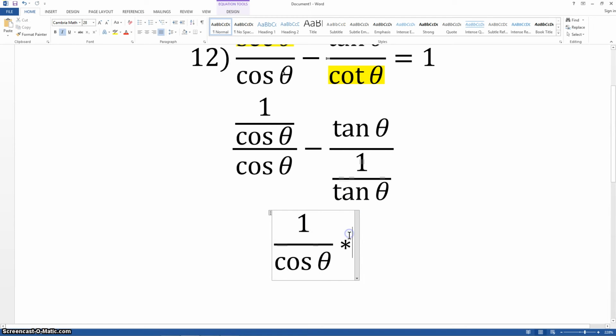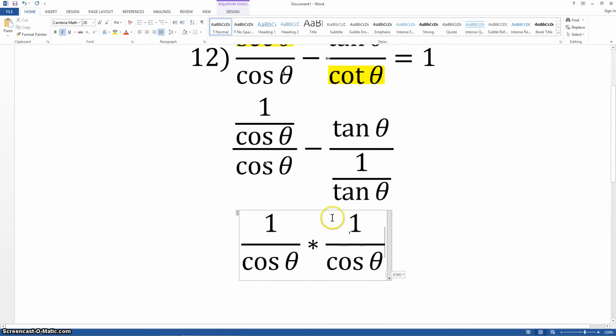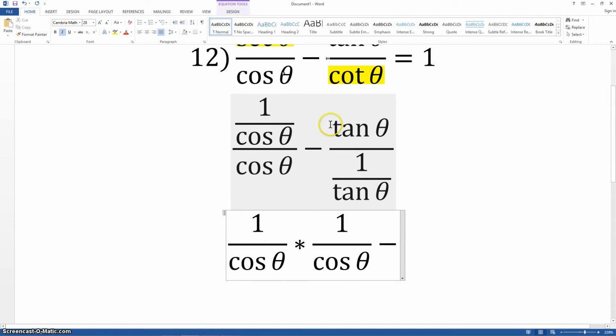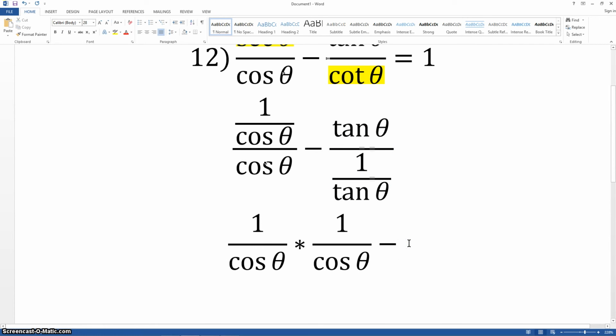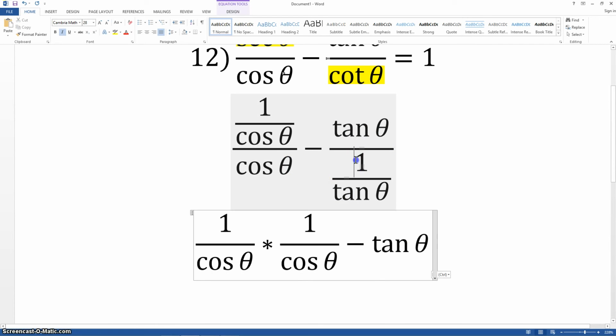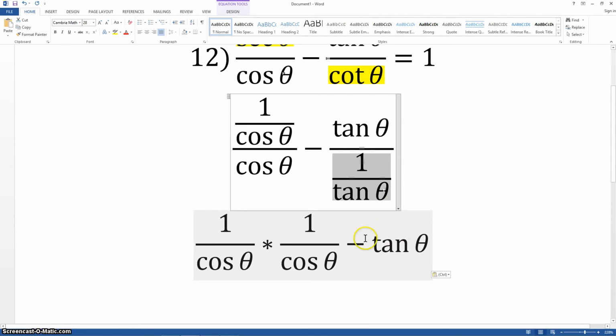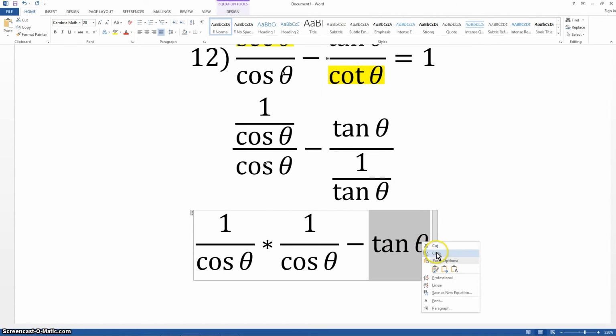It becomes that. Minus. Let me go ahead and copy, change, flip this one. So I'm going to copy this one. And then when I flip this one, I get tangent of theta over 1, or simply tangent of theta.